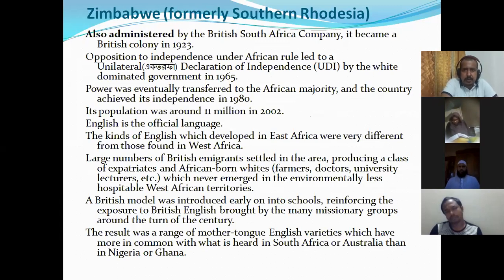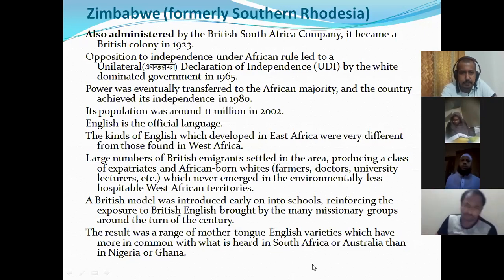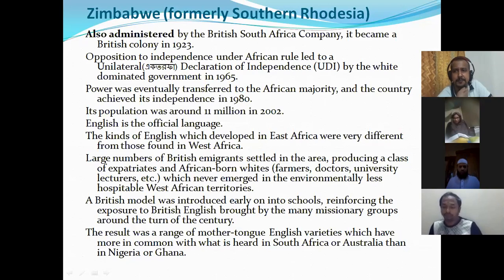It was also a British South African colony, and it became a colony in 1923. Here you see the result of a range of mother tongue English varieties which have more in common with those of South Africa and Australia than with Nigeria. So English is also used as an official language in Zimbabwe.